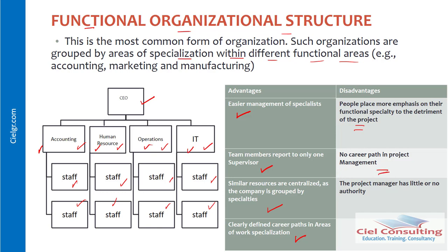There's also no career path in project management in this type of organizational structure. And here the project manager, when I say the project manager, I'm simply talking about anybody who is overseeing a project.